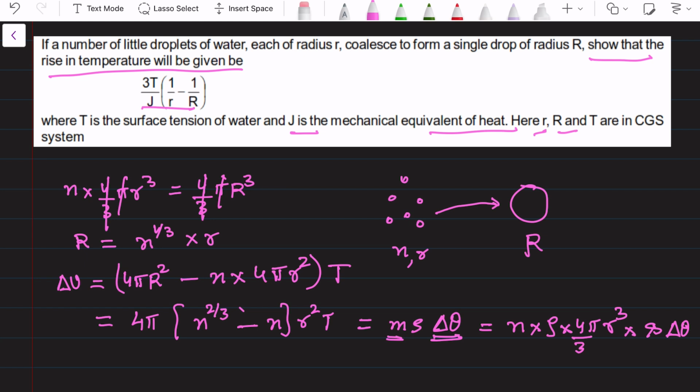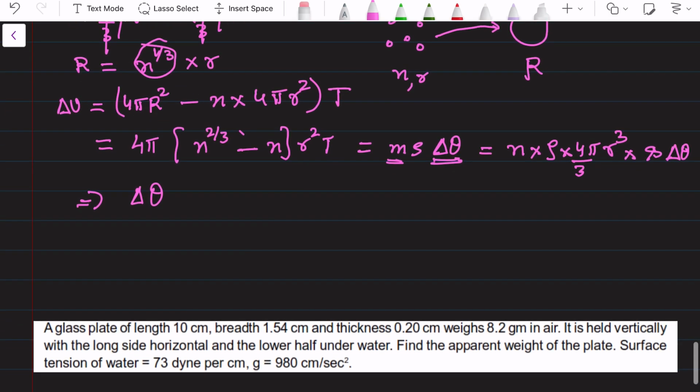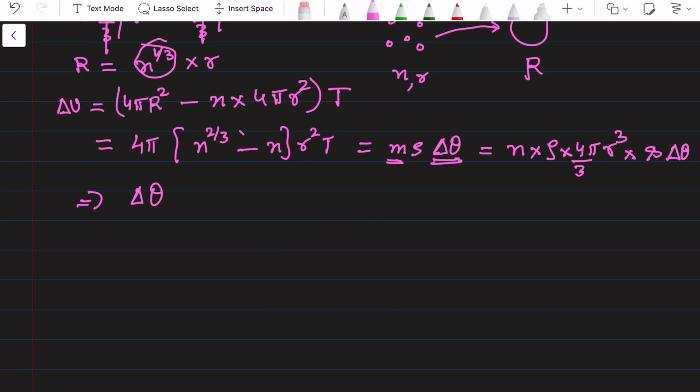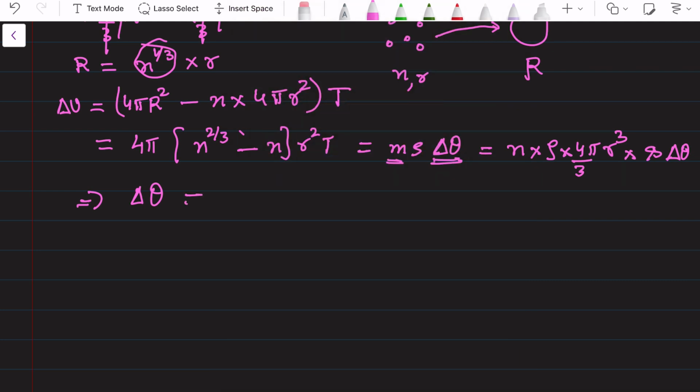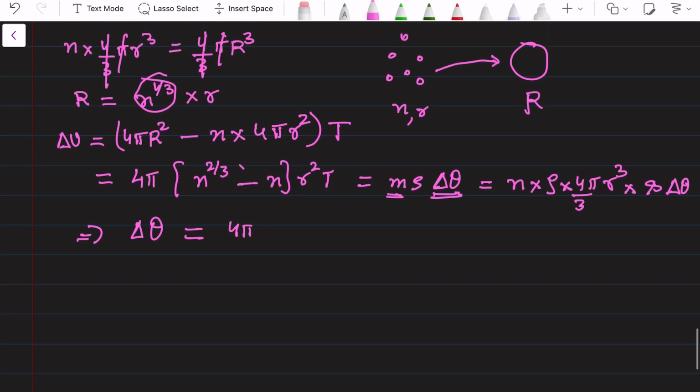Now already they have given the expression in terms of small r and capital R. So this n is no need to write. So we can replace that also. And we will get that the change in temperature is equal to 4 pi r square, n to the power 2 by 3 minus n, into T, upon n rho 4 by 3 pi r cube into S. It is better to leave the expression in this way only.